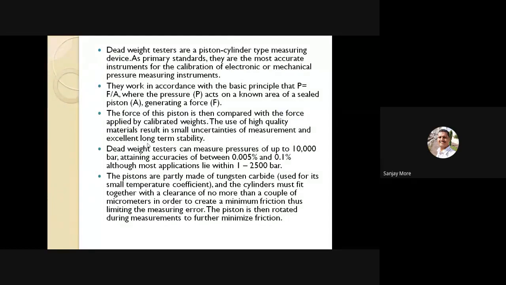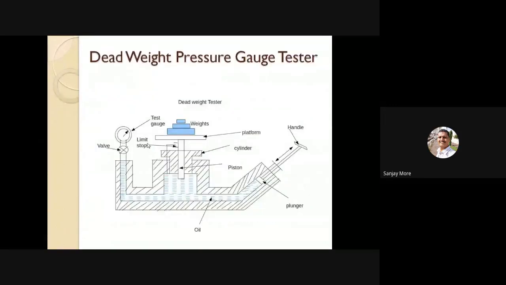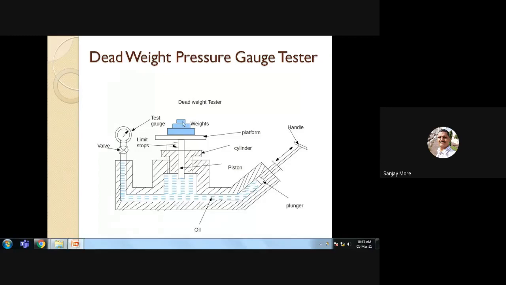Okay, the force of the piston is compared with the force applied by the calibrated weight. When you are applying force on this cylinder, this piston moves upward and downward. This is compared with this weight.